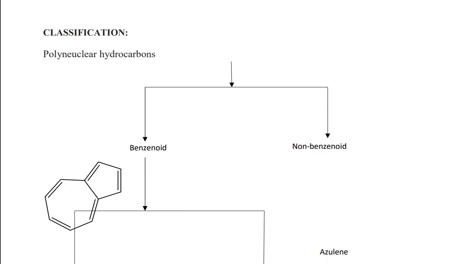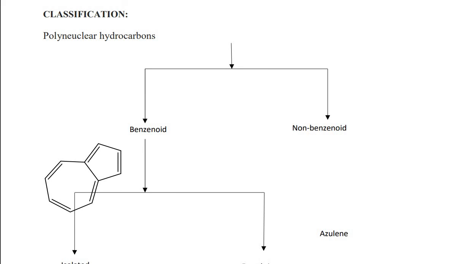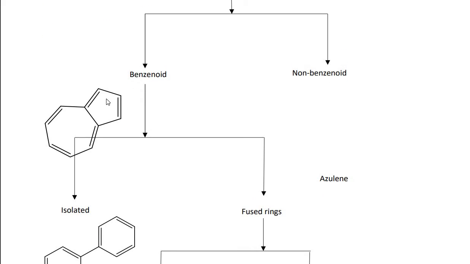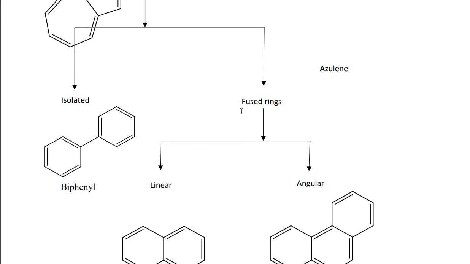Now, friend, from here you can learn your BSc syllabus, like the classification of polynuclear hydrocarbons. There are two classifications, benzenoid and non-benzenoid. This is the example of non-benzenoid, which is azulene, and this is the example of benzenoid.